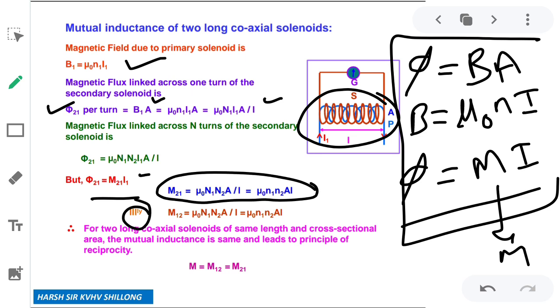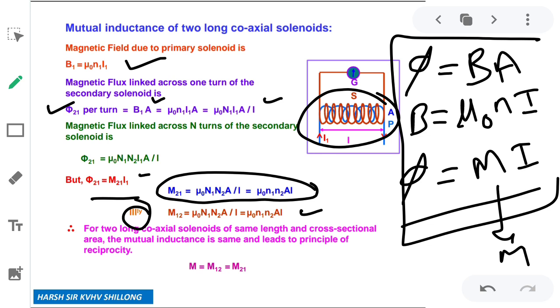Similarly, we'll get M12 also. M12 means, in the case of the primary, now we give current to the secondary and current is induced in the primary. So all 1 and 2 will change. We'll get the similar answer because N1 and N2 both come as a product. So we'll get mu naught N1 N2 A l.